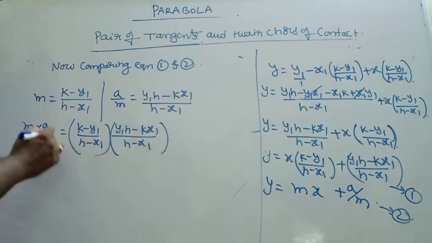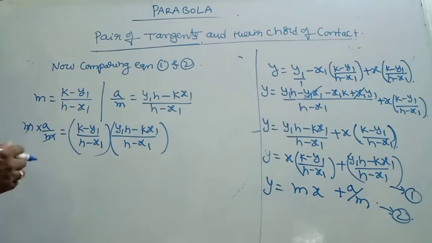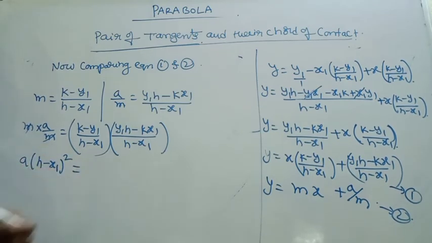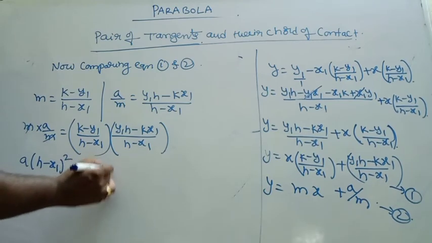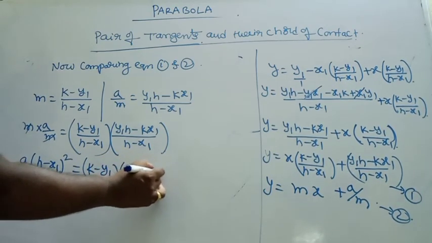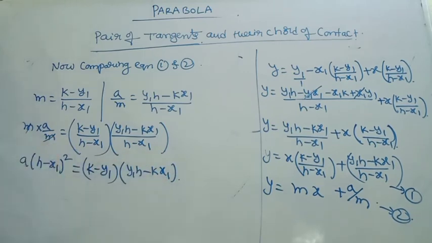M will cancel. Once we cross multiply, we will get a into (h minus x1) whole square is equal to (k minus y1) into (y1h minus kx1). This is the equation we have got.